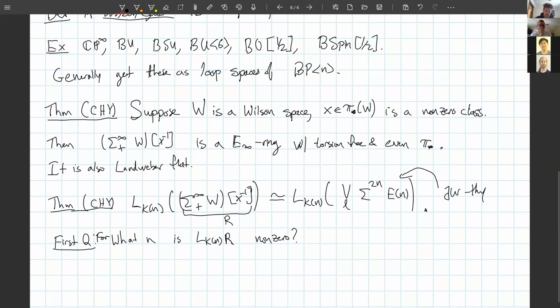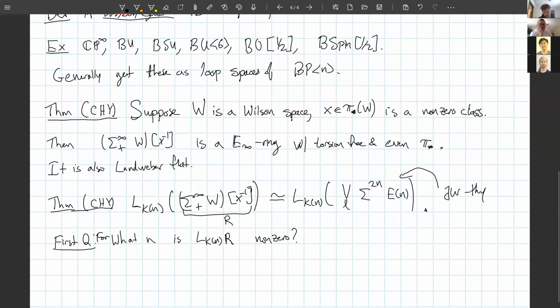Of course, this is going to depend on W and the class X. I'm going to specialize in a moment to some particular interesting cases. For a typical case, if you just pick a random W and a random X, you get something of infinite height. So you get something sort of like MUP, where none of the K(n)-localizations ever vanish.